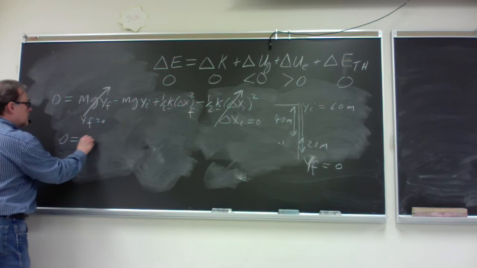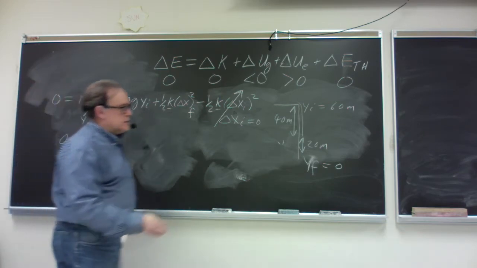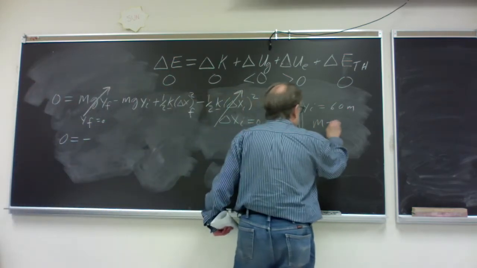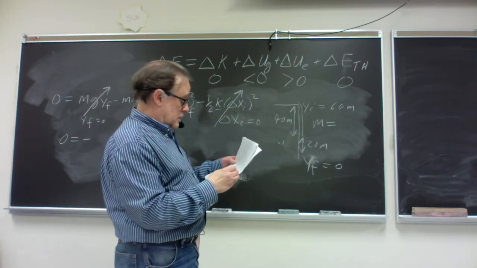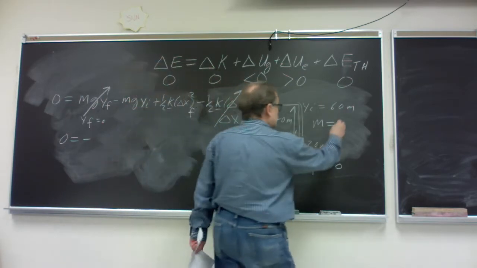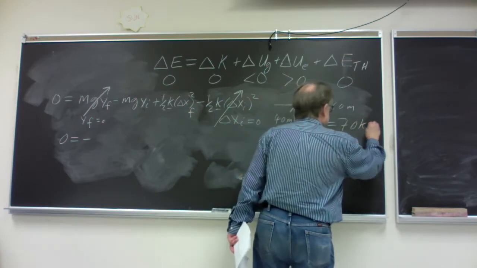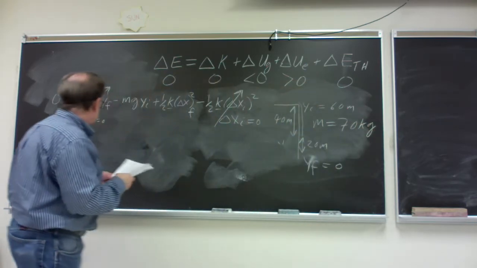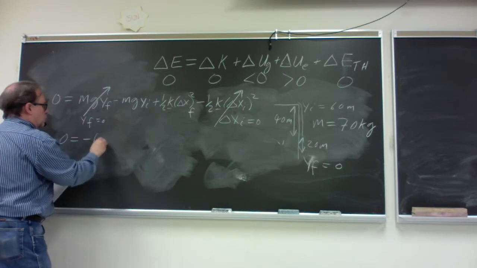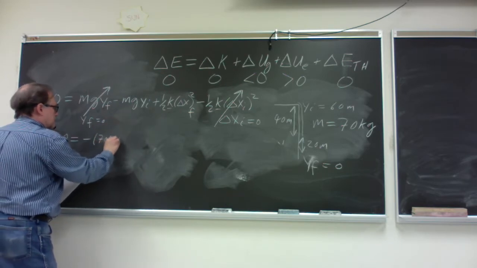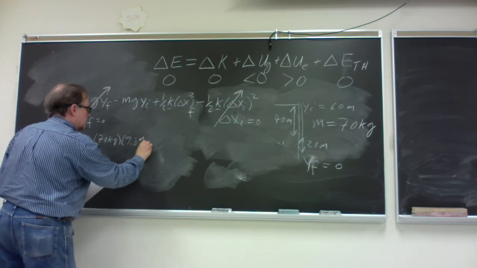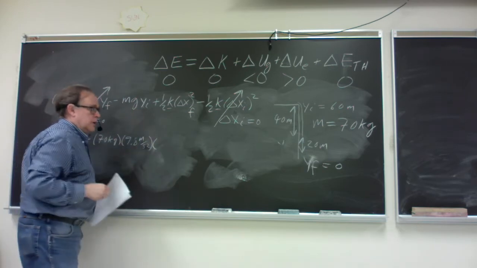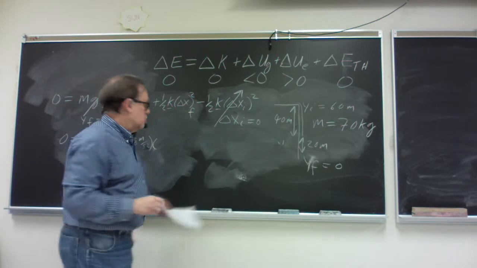0 equals minus mg y initial. Let's say the mass of the jumper is 70 kilograms. So mg y initial: 70 kilograms, 9.8 meters per second squared, and the initial elevation was 60 meters.